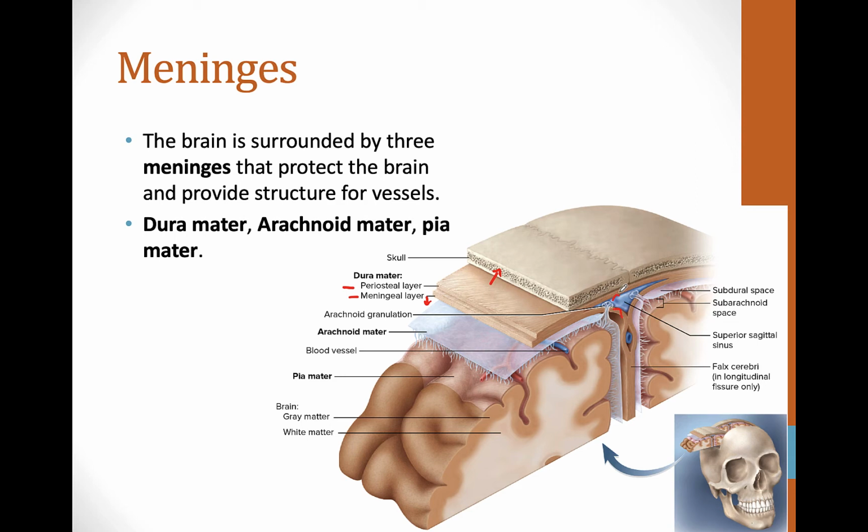There's no epidural space here, so there's no space between the dura and the skull, like there is in the spinal cord between the dura and the vertebral column. We do have the subarachnoid space.